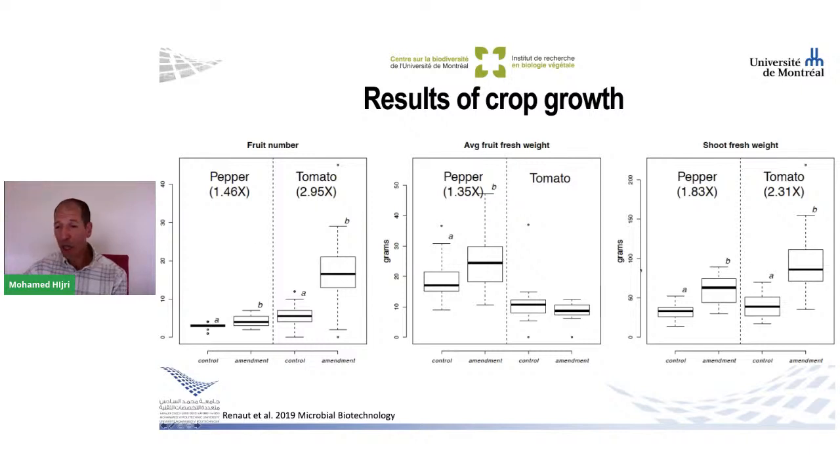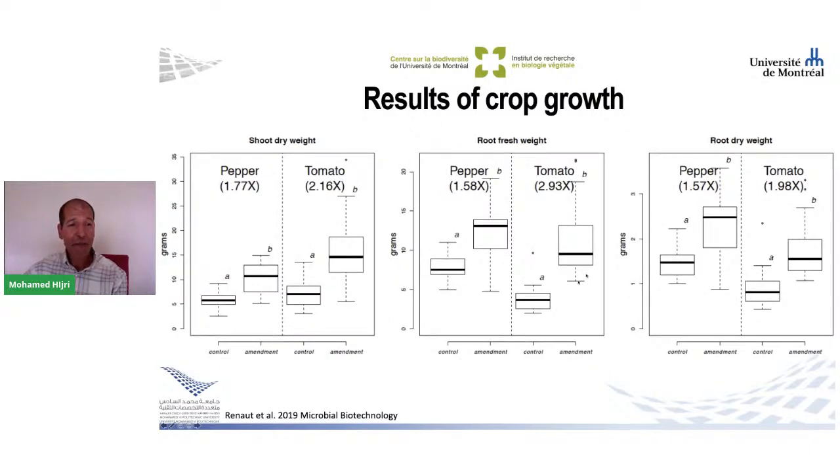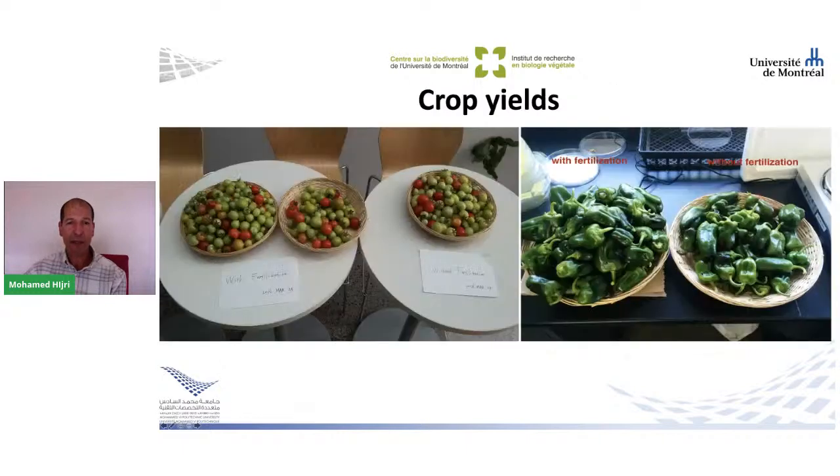For all the other parameters, we had a significant difference between treated plants and non-treated plants. And here again, you can see the fold increases between control and treated plants.